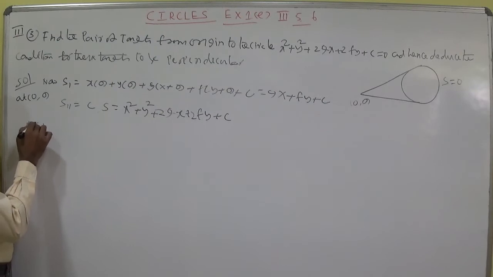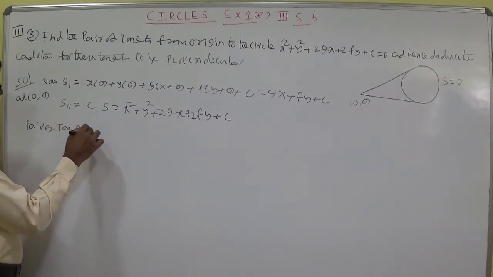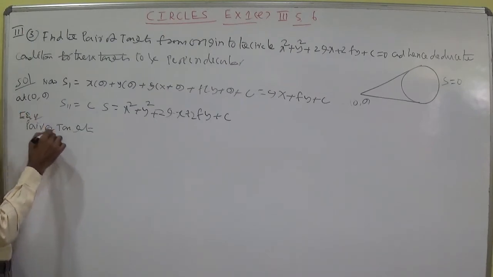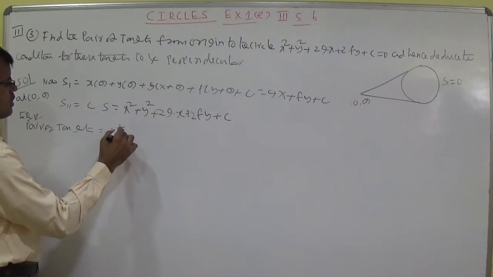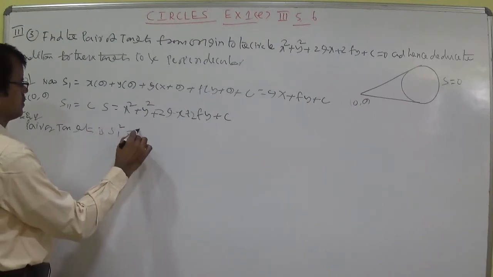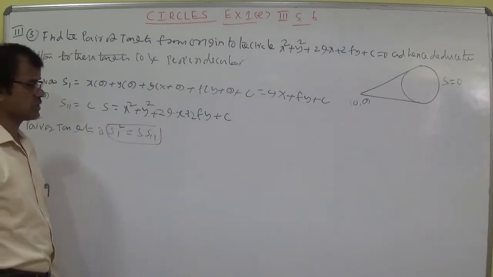Equation of pair of tangents formula: S1 square equal to S into S11, which we also discussed as a theorem.